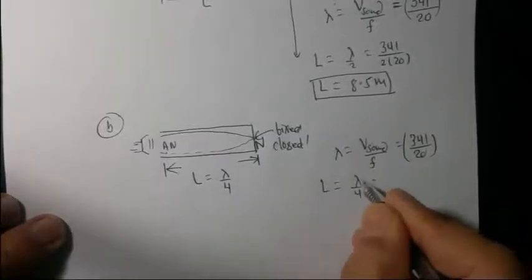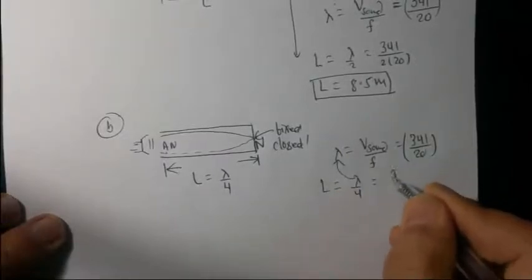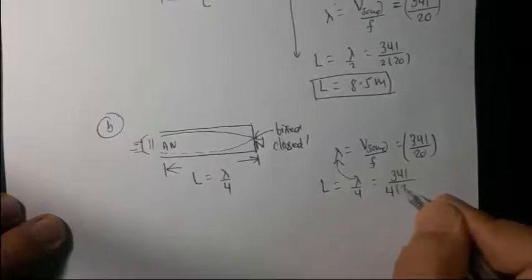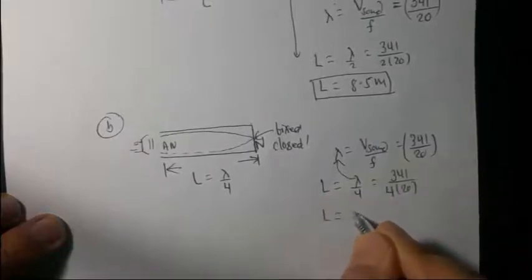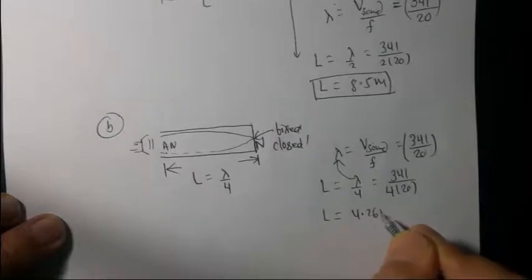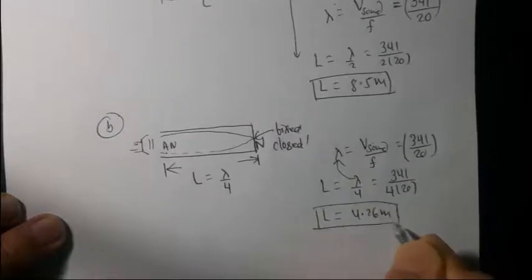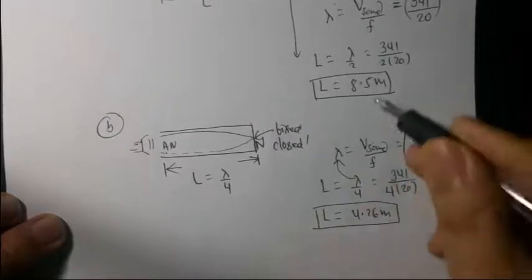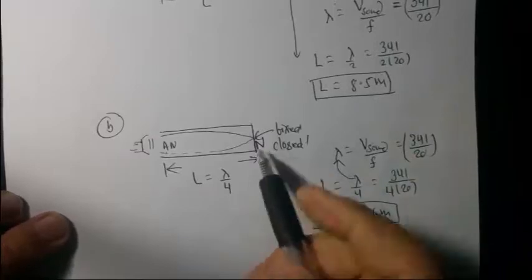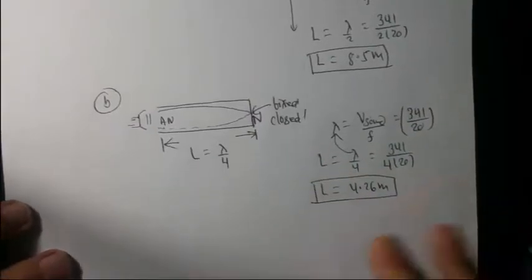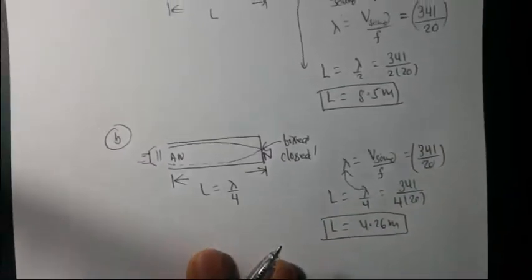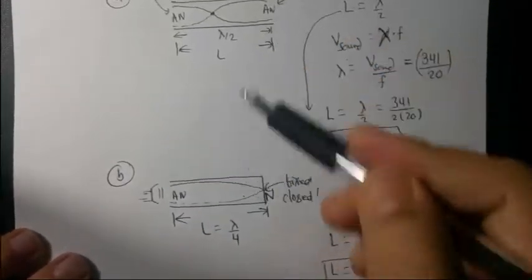So L is 341 divided by 4 times 20, which is 4.26. You need a much smaller length, almost half the length, if one end is closed, to produce the same frequency. So just try to understand the boundary conditions, right?